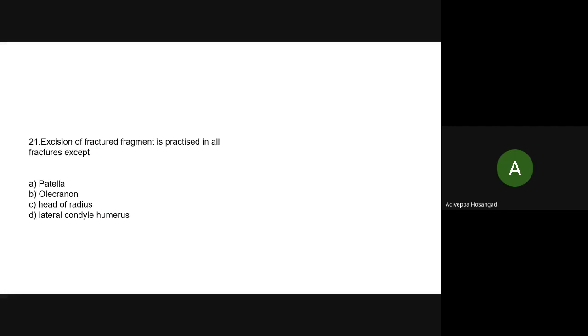Whenever we are talking of fractures, we invariably talk of fixation of the fracture. The treatment of any fracture is either you fix or replace.